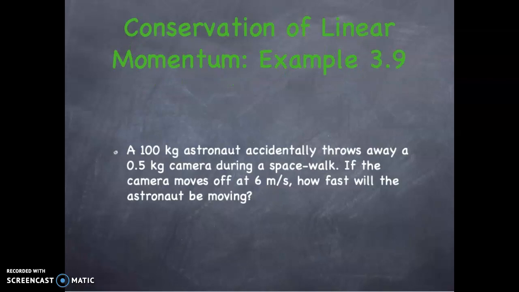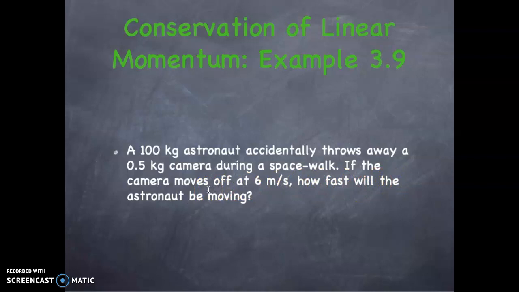Here's the second one where momentum is conserved. A 100 kilogram astronaut accidentally throws away a 0.5 kilogram camera during a spacewalk. If the camera moves off at 6 meters per second, how fast will the astronaut be moving?